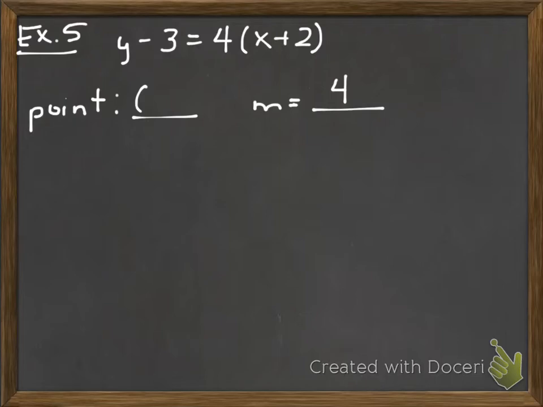Think about the equation. It's x minus 2. Negative 2. Just like Nathan was saying. This is y minus y1 equals m times x minus x1.